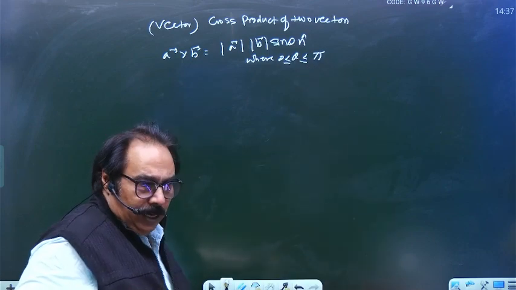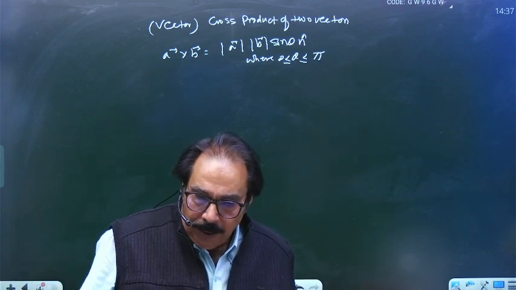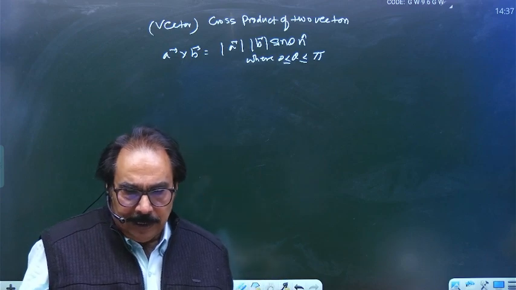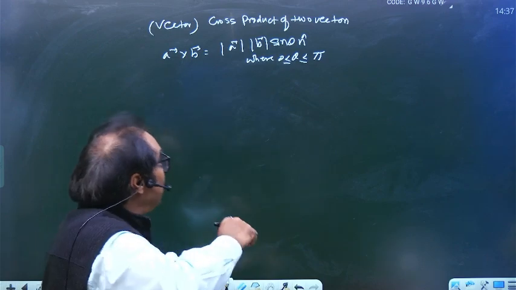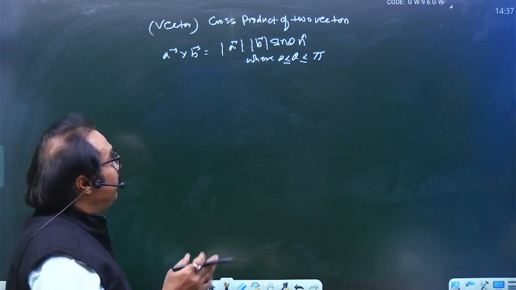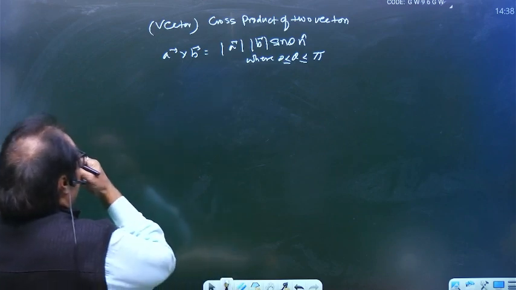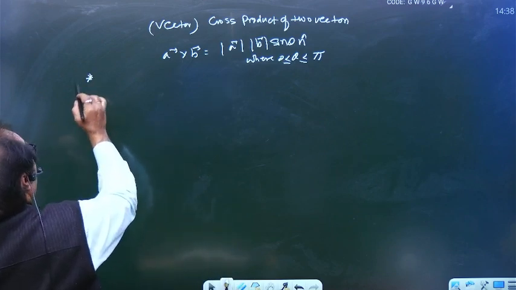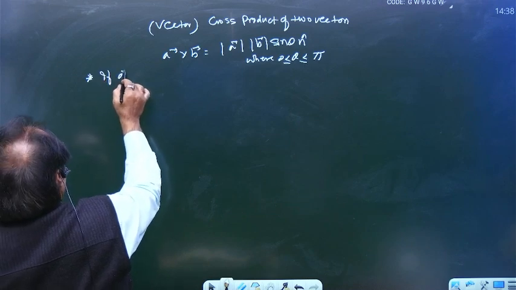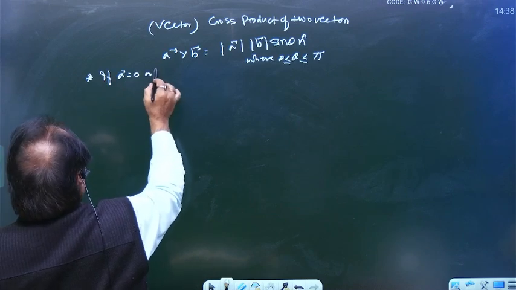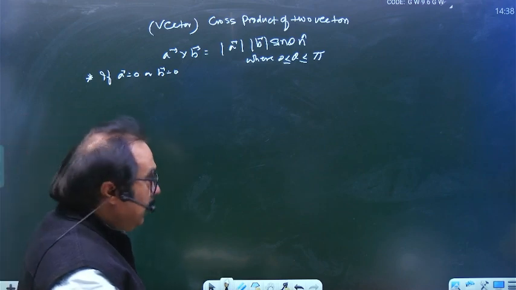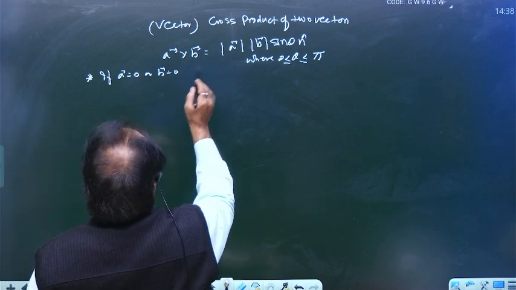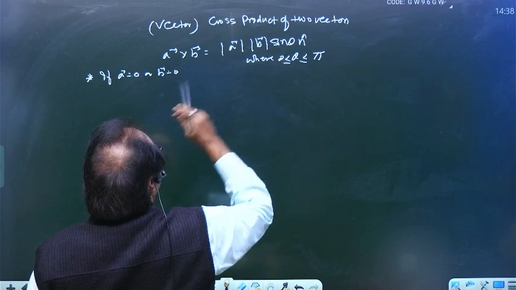Okay, so let me explain some concepts, then we will switch over to the exercise. If vector A is 0 or vector B is 0, then of course their cross product is 0, because sine 0 will be 0.